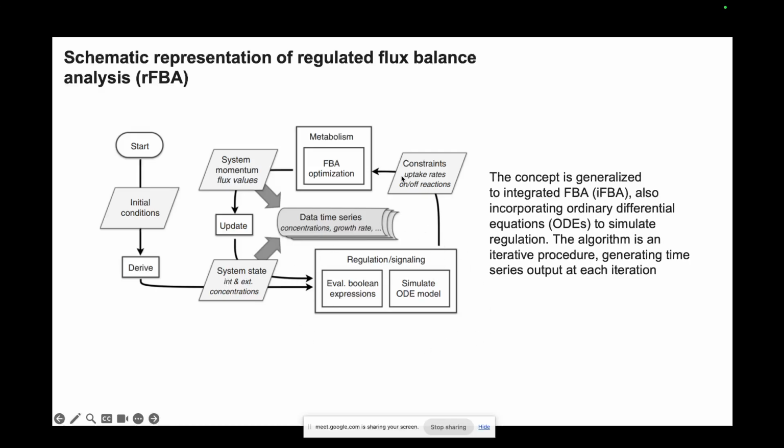Then you include constraints, then you do an FBA optimization. Then you update the system flux values, use experimental data to validate this, and continue iterating until you find a good result, a result that matches your experimental data or known data.